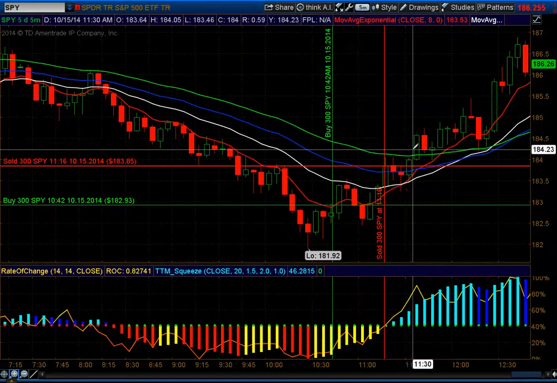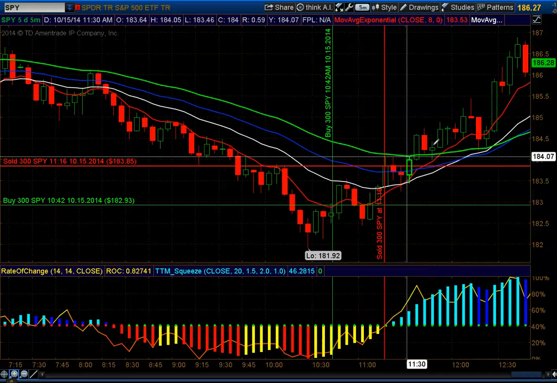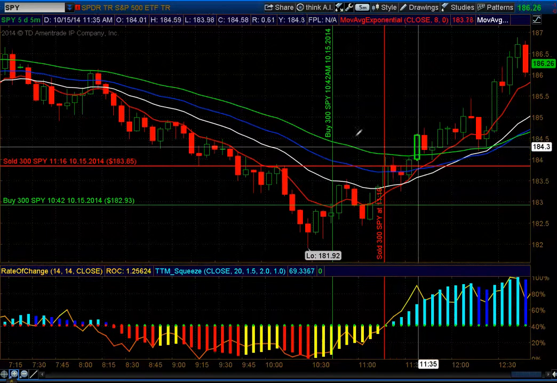Now this is true whether you're on a 5-minute, a 1-minute, a 1 hour, or daily chart. It works great. That's why I love using a combination of moving averages like this. Regardless, once again, the number is not as important as where price is in relationship to the moving averages.